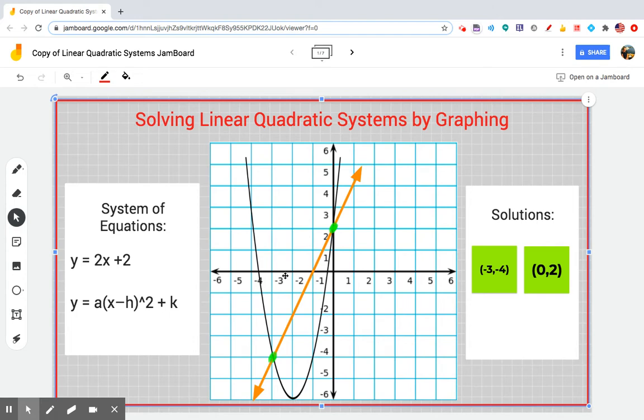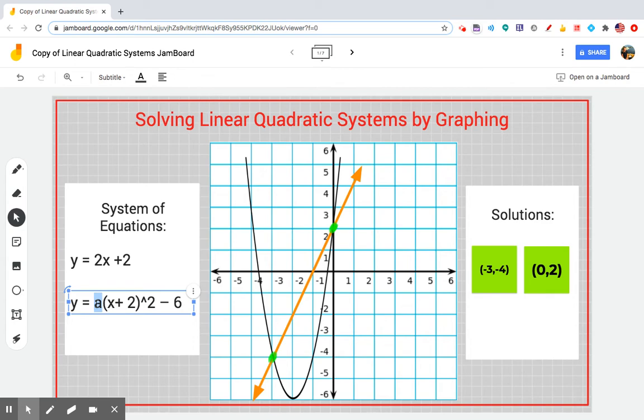So I'm looking at -2, -6. I want x minus -2, which I know right away I can say x plus 2. And k is the y coordinate of my vertex, so that's -6.